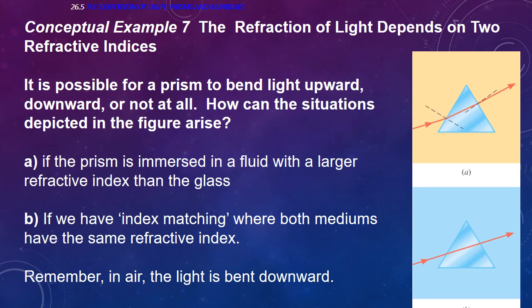But if I put it in a fluid with an index of refraction of, say, 2, now the outside is greater, so it's going to go from greater to smaller in that case. So it'll have the opposite effect. Now, if they have the same index of refraction, it will pass straight through with no bending.